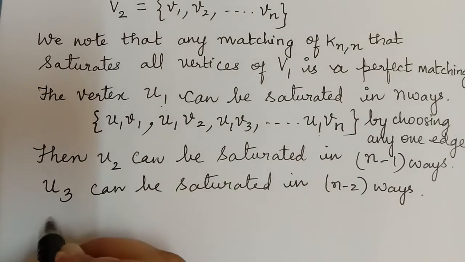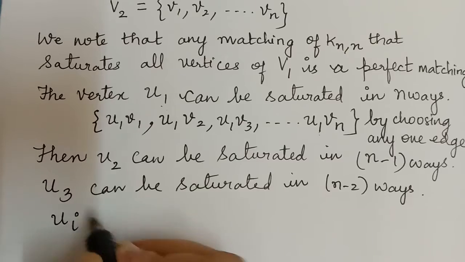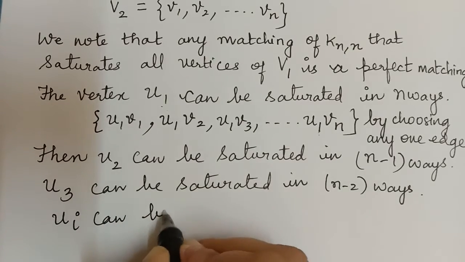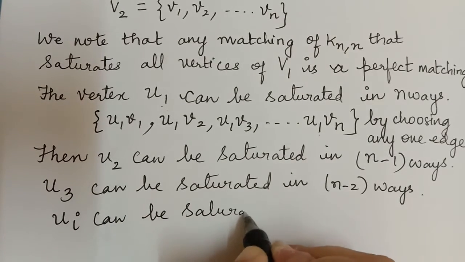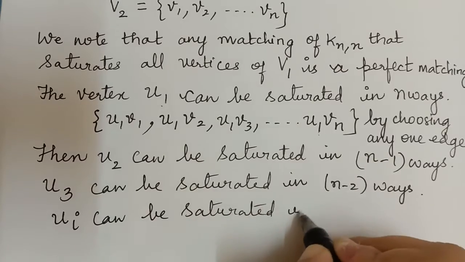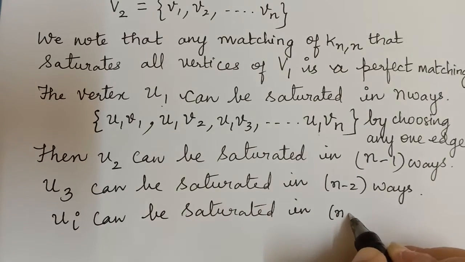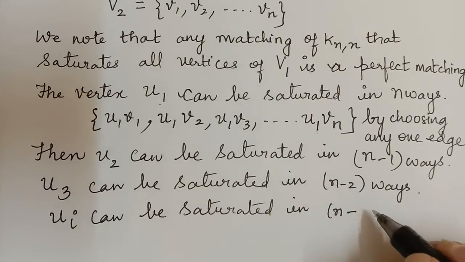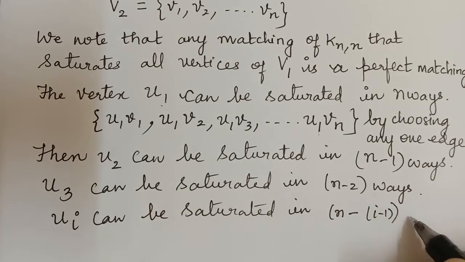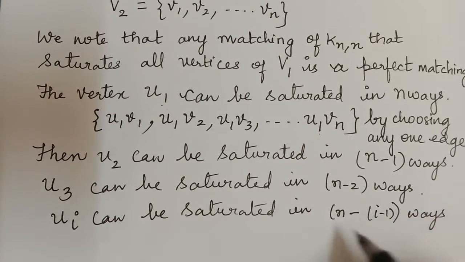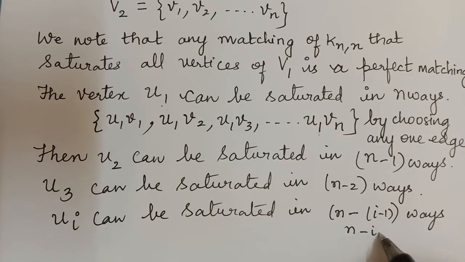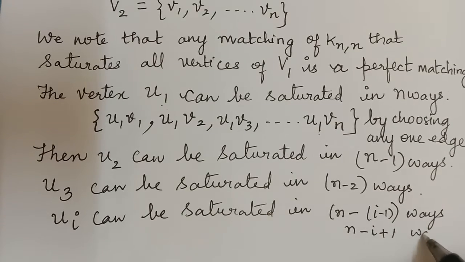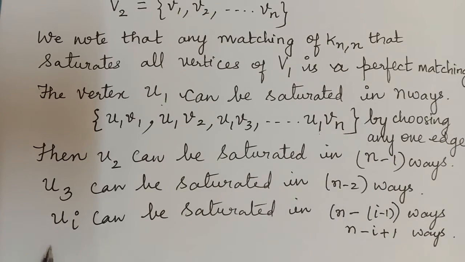So likewise, if we consider any vertex ui, it can be saturated in n minus (i minus 1) ways. So that will be n minus i plus 1 ways. So this is for any vertex i.